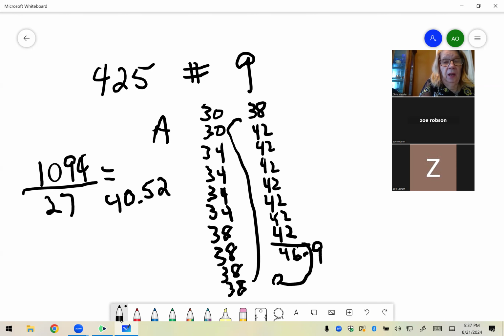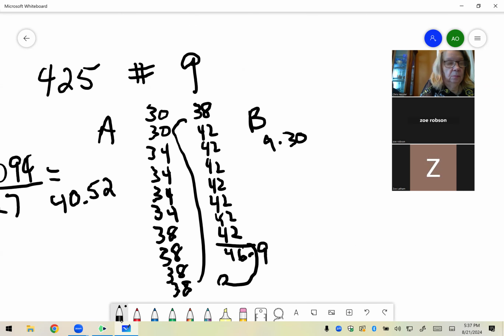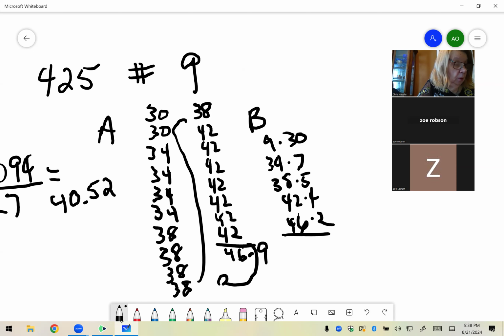And then if we do B, maybe just write 9 × 30, because I think that's taking a lot of space. Let me give you some space. 46 times 2, and that adds up to 958.